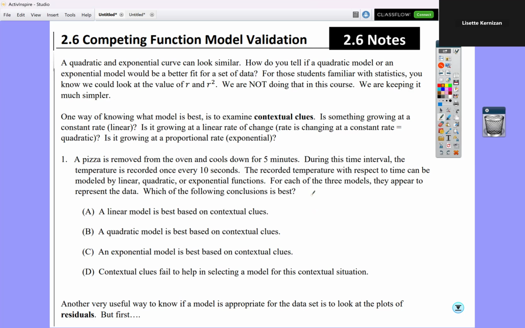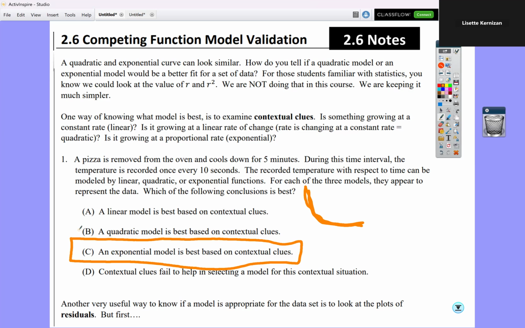So the model for that will look like an exponential function. Our answer for this first one, which one is the best fit, is C. An exponential model is the best based on context clues and what we know about Newton's law of cooling.